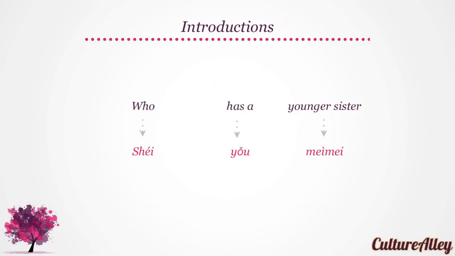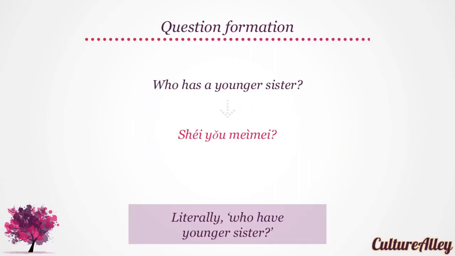Let's see how we can say who has a younger sister in Mandarin. Here's the breakup. Who becomes 谁. Has becomes 有. And younger sister translates as 妹妹. Thus, who has a younger sister is translated as 谁有妹妹.